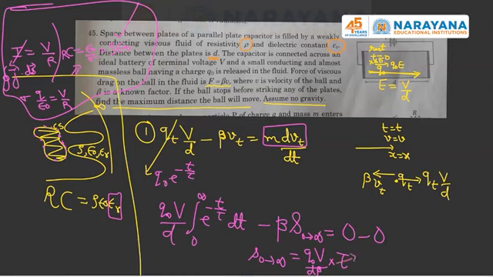Tau will be replaced by RC, and RC will be replaced by rho epsilon naught epsilon r. So if you look into the answer of the question, it is Q naught voltage rho epsilon naught epsilon r whole divided by d multiplied by beta. That is the correct answer.